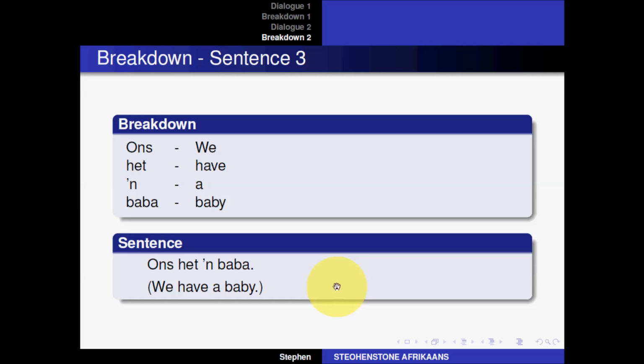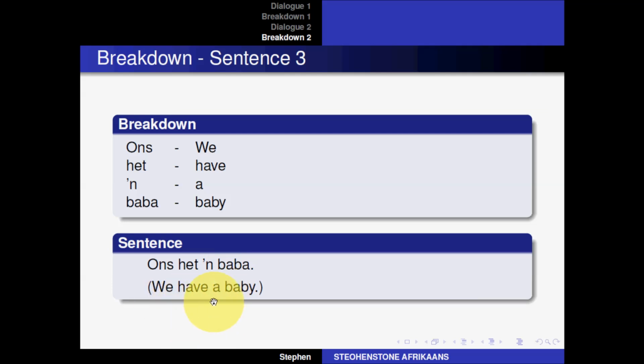Next sentence. Here we have a few more new words. Ons means we. Het means have or to have. 'n means a. Baba means baby. So the Afrikaans sentence is ons het 'n baba.